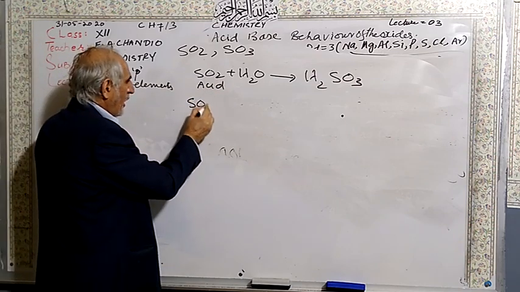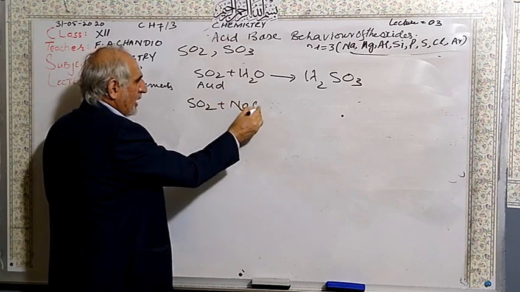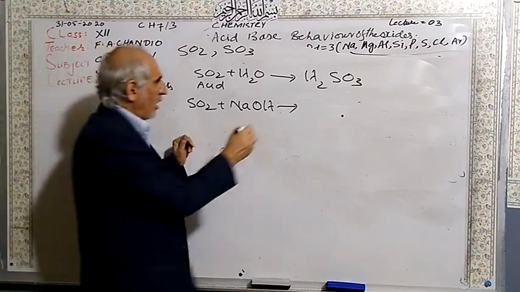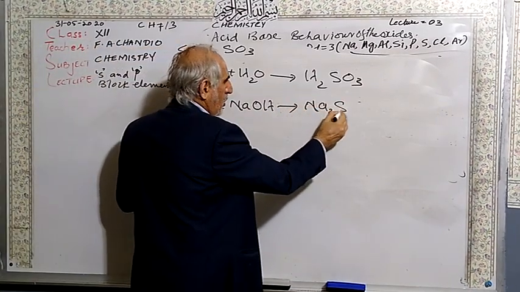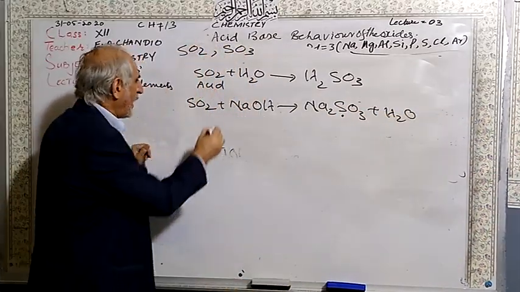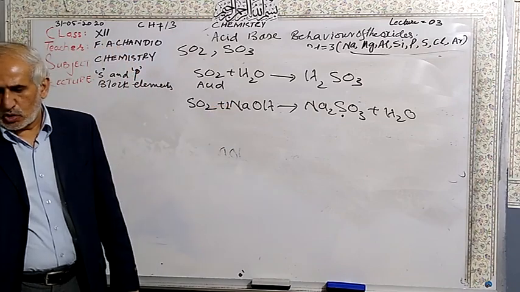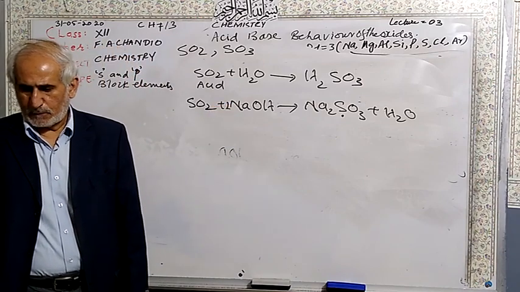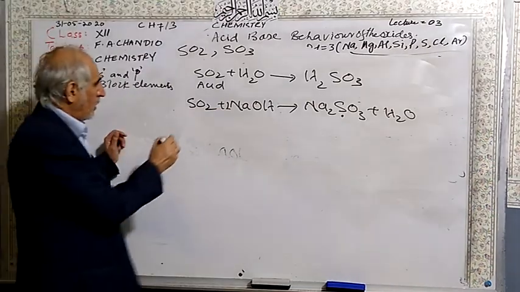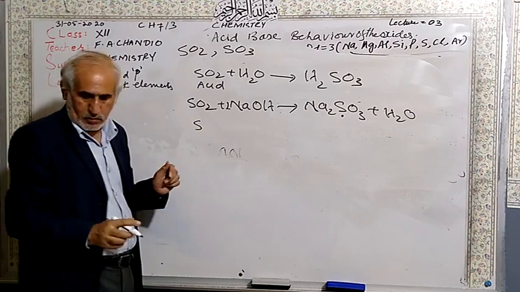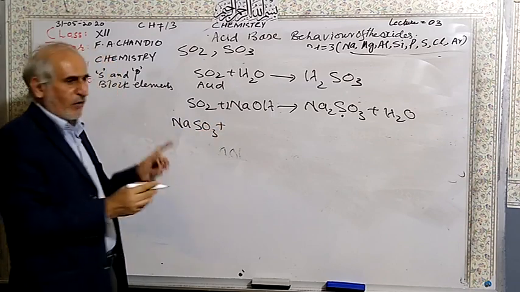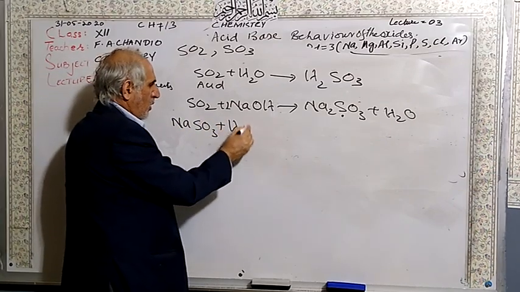So, this sulfur dioxide, when it reacts with sodium hydroxide, you will get sodium sulfide. This is sodium sulfide, not sulfate. Sodium sulfide is going to be formed here, along with water.